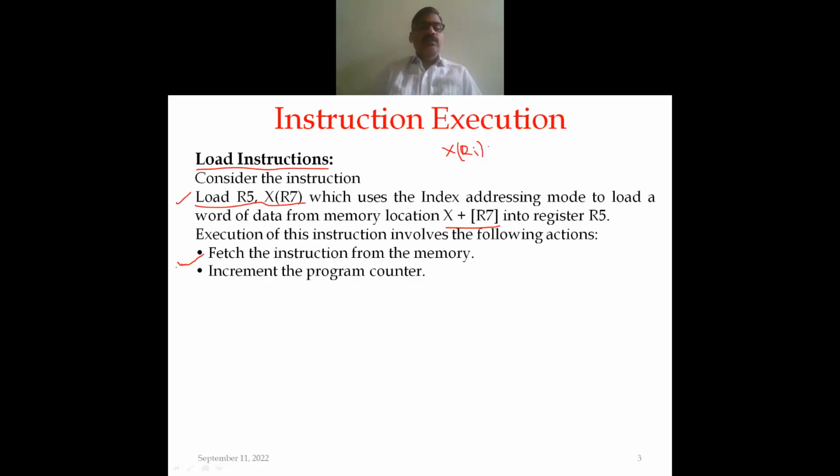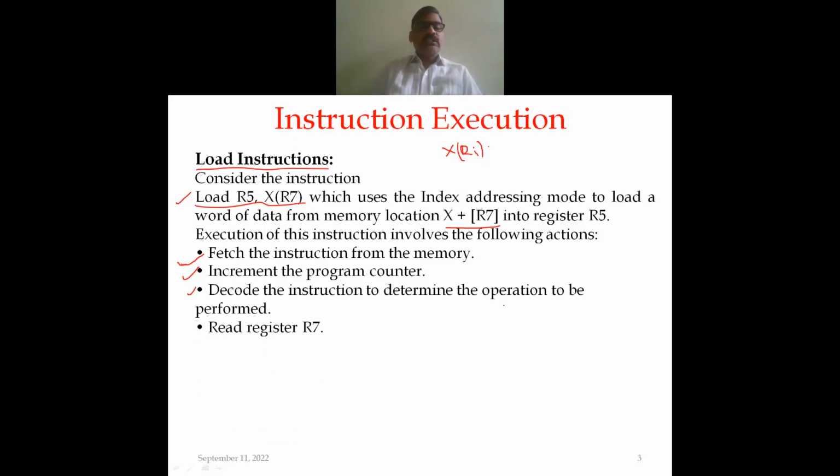Then it will increment the program counter; the PC content will be incremented by the word length. Then it will decode the instruction to determine the operation to be performed, and also identify the operands. That is the third step.